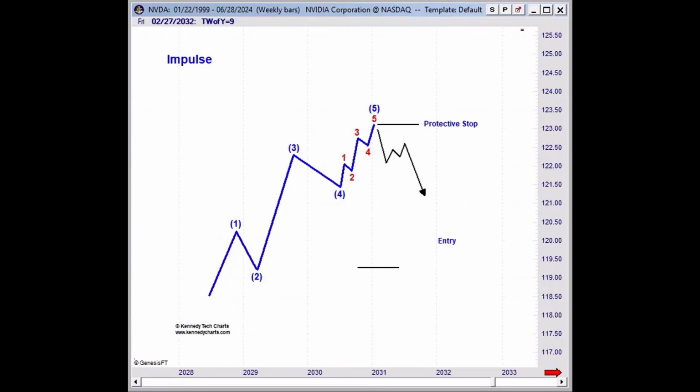Or you can look at it as a stair step where you take your initial position on a break of the extreme of wave 4. Okay, and then once you have 5 down and look for wave 2 up, you can possibly add a second position, your protective stop still being up here.